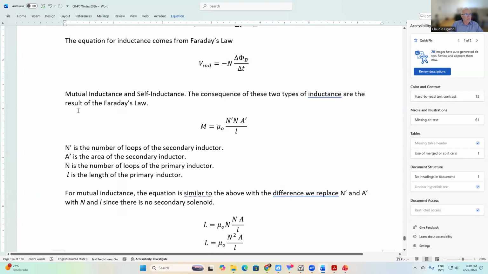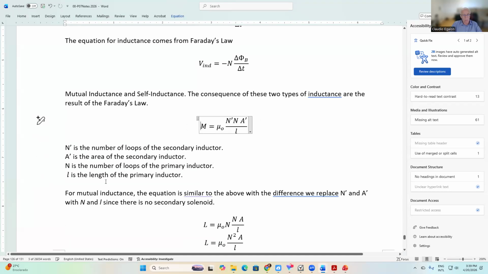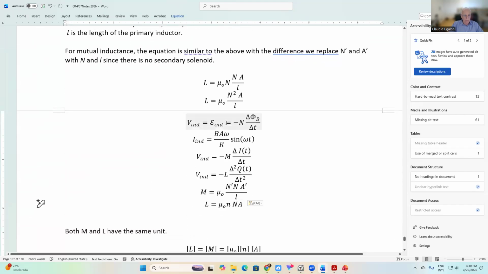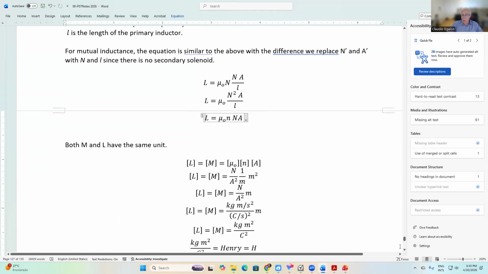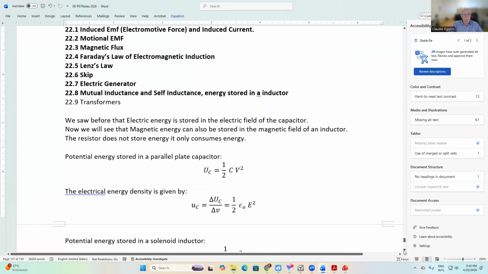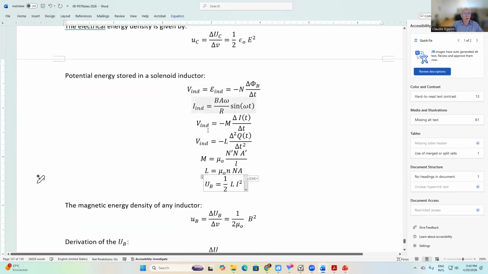What's missing here is the value for M and the value for L. We have also the equation for the potential energy of an inductor. This is the potential energy for an inductor, any inductor.